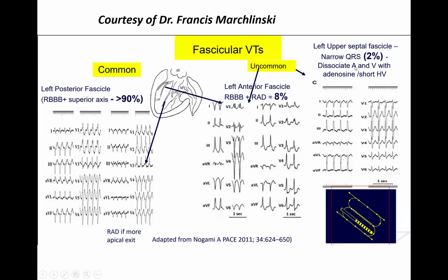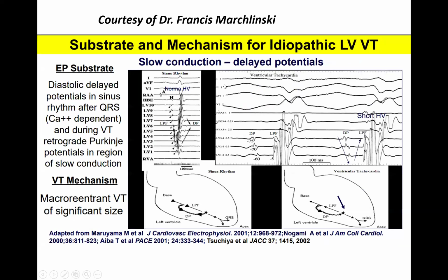And the more uncommon form is the left septal fascicular VT with a narrow QRS and dissociated A and V, with adenosine and a short HV. The substrate and mechanism for idiopathic left ventricular fascicular VT is slow conduction, delayed potentials.